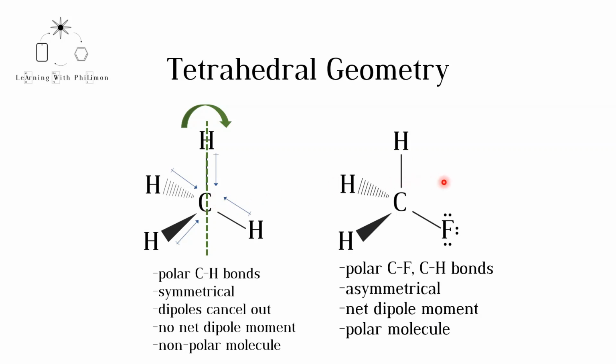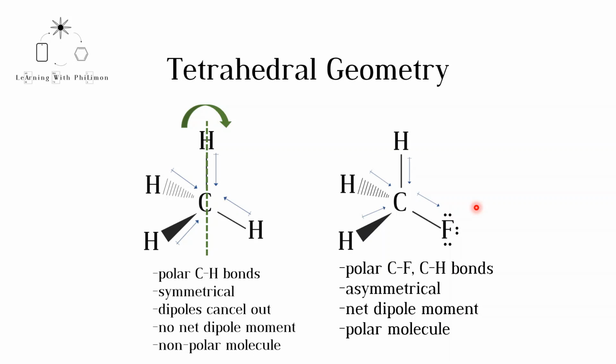Fluoromethane, CH3F, has the following Lewis structure. Carbon is more electronegative than hydrogen, and fluorine is more electronegative than carbon, so there are 4 polar bonds. CH3F also has a tetrahedral molecular geometry. However, it is not a symmetrical molecule.